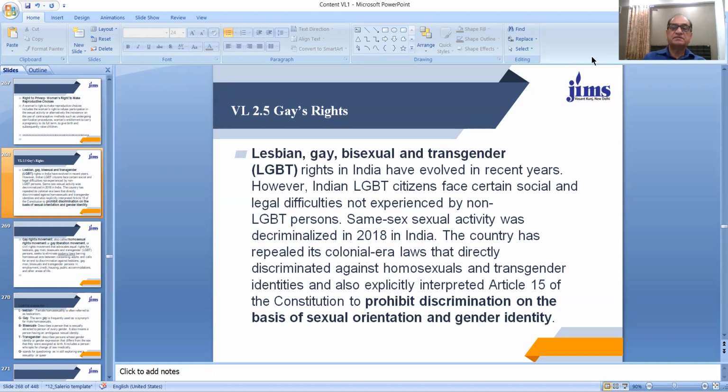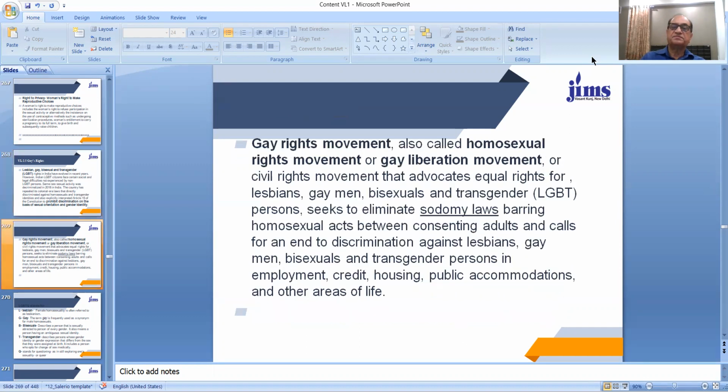Although the country has repealed its colonial era laws that directly discriminated against homosexual and transgender identities, courts have also explicitly interpreted Article 15 of the Constitution to prohibit discrimination on the basis of sexual orientation and gender identity. All of you know that discrimination on the basis of sex is prohibited in Article 15.